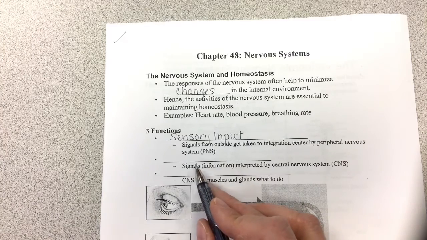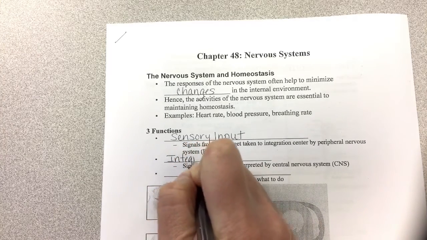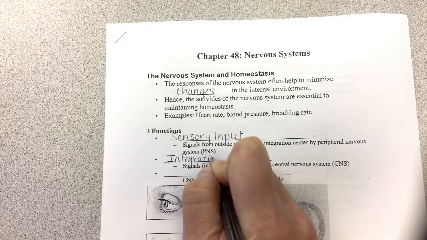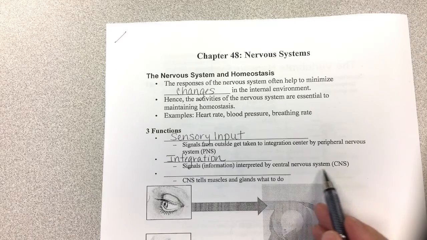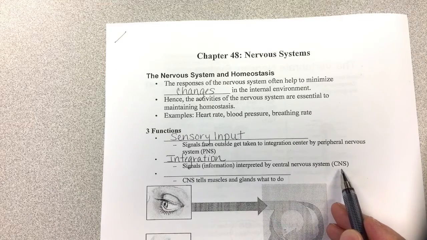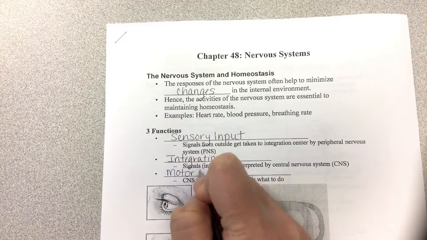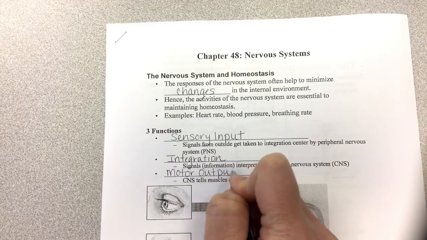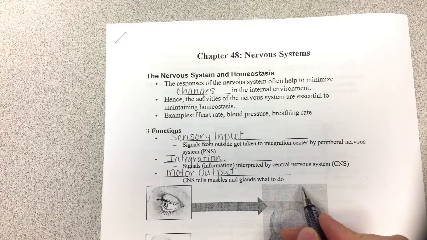The next one is integration. Signals or information are interpreted by your central nervous system. And then motor output. The central nervous system tells muscles and glands what to do.